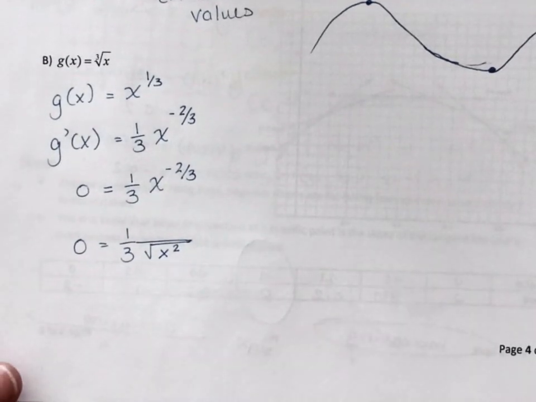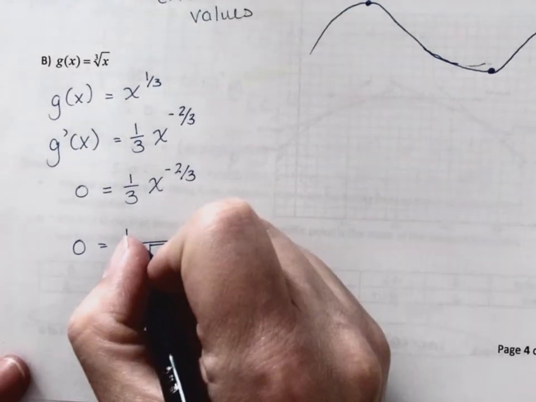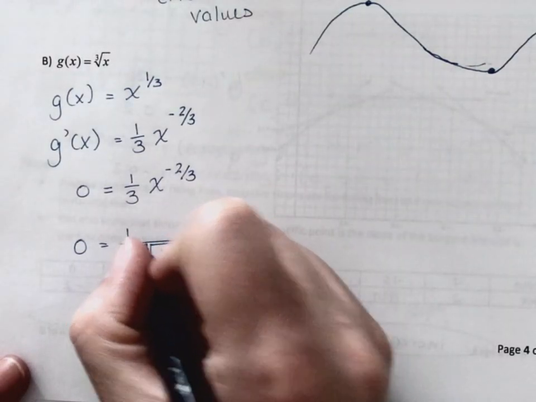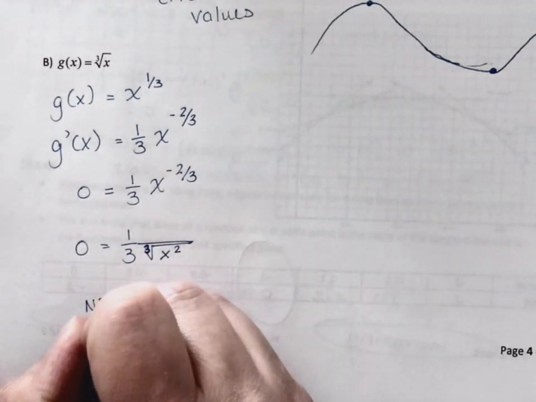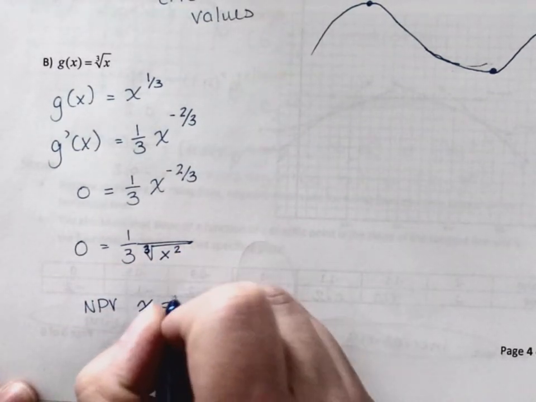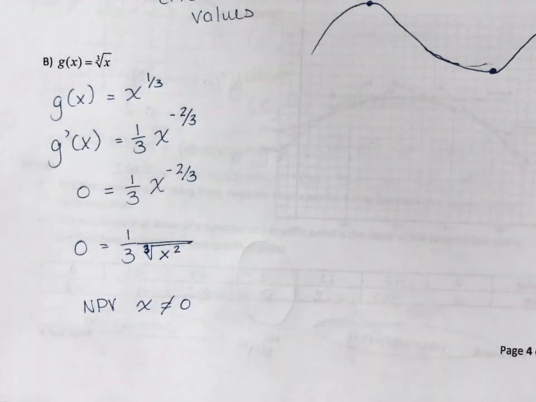Oh, that's a cube root, sorry, I forgot my index there. So what do we know? What can x not be? 0. There's a non-permissible value here because that is in the denominator. So for our NPVs, x cannot equal 0, because that would give us an undefined.